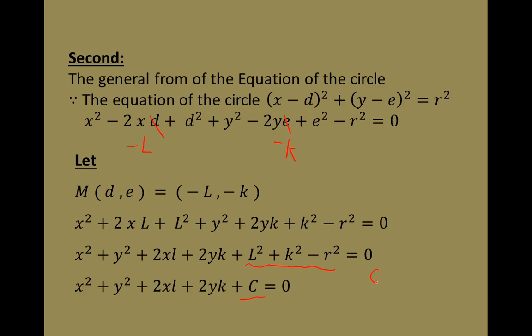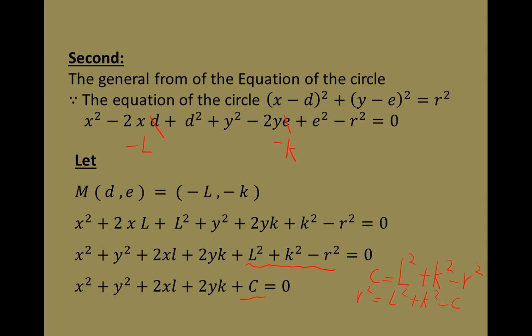Take care. c equals L power 2 plus K power 2, which are the coordinates of the center of the circle squared, minus r squared. Then r squared is L squared plus K squared minus c.